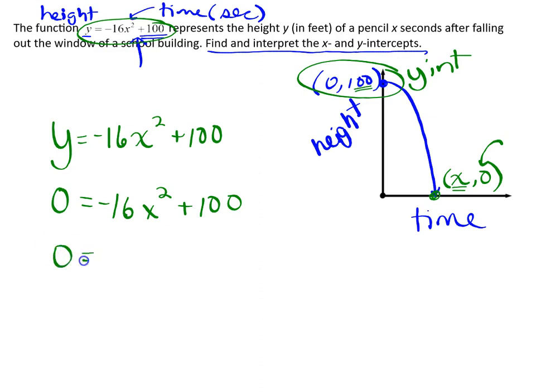So I'm going to look and see, do negative 16x squared and 100 have anything in common? They have a 4 in common, and since my leading coefficient was negative, I'm going to take out a negative 4, which leaves me with 4x squared minus 25.